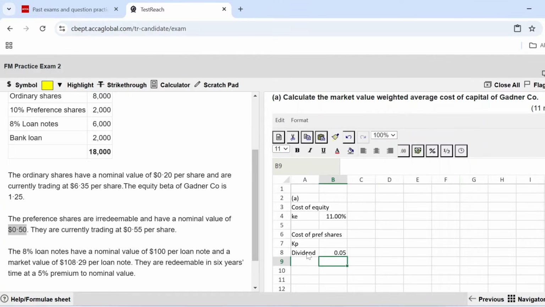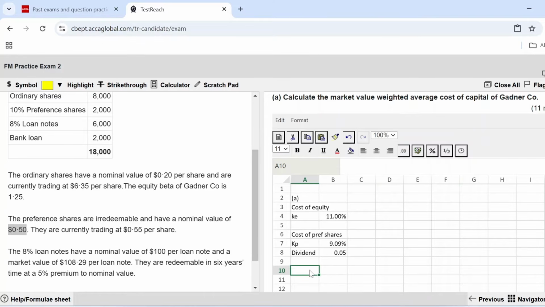So this is our dividend, and now we can find out the KP. KP is going to be our dividend divided by the market value, which is 0.55. Now this can be converted to a percentage to find out your final answer, which is going to be 9.09, or you can say 9.1% rounded to one decimal place.